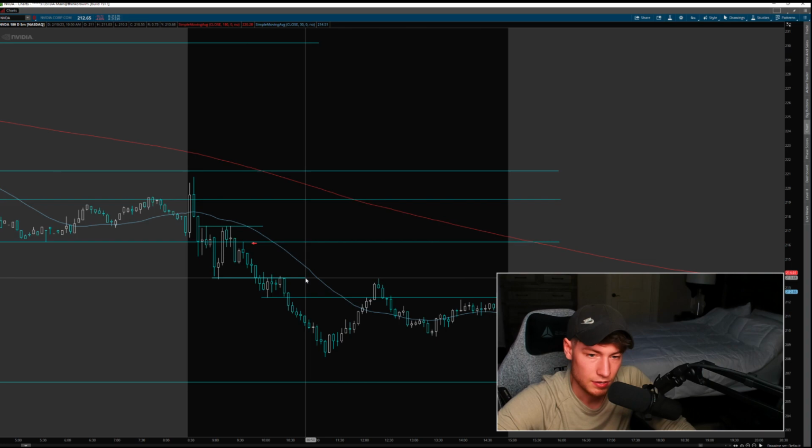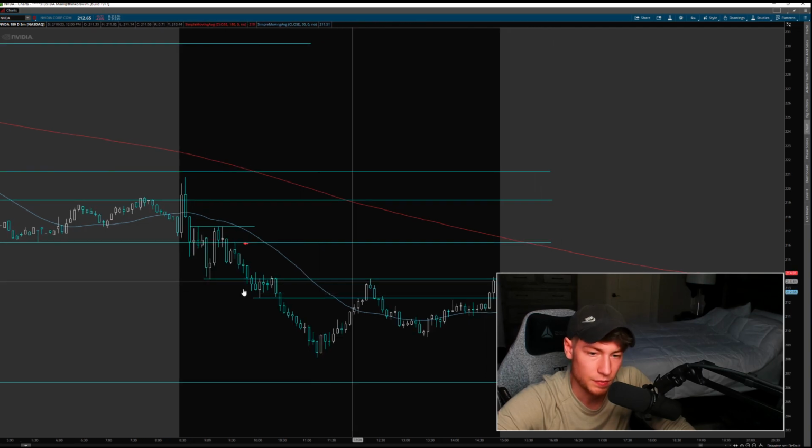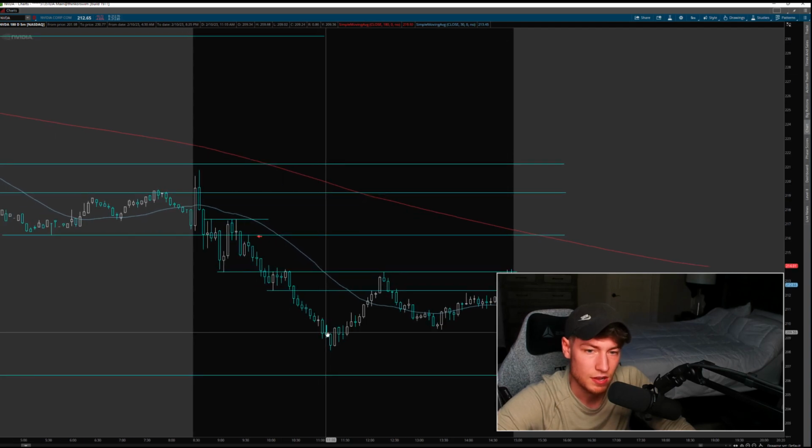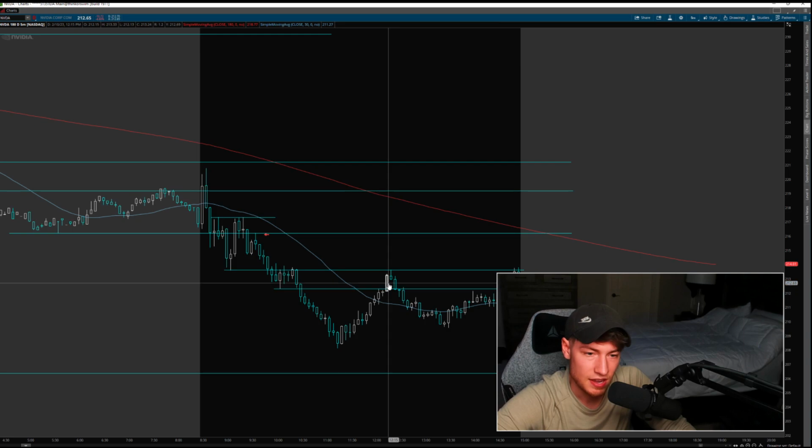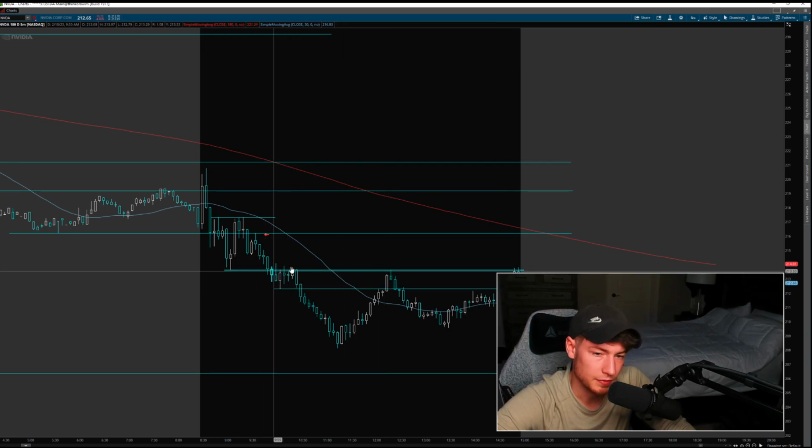And then you can see that throughout the day we constantly kept respecting these levels down here around these consolidations, because you're constantly looking for price to return back up to where it was, but instead it's using this lower price action to get rejected off of, right?